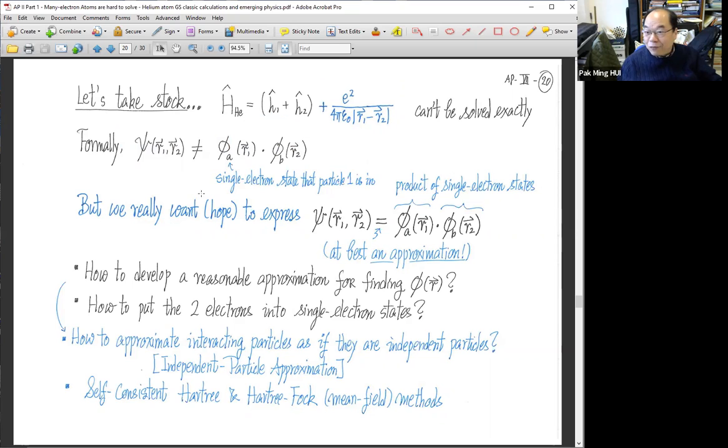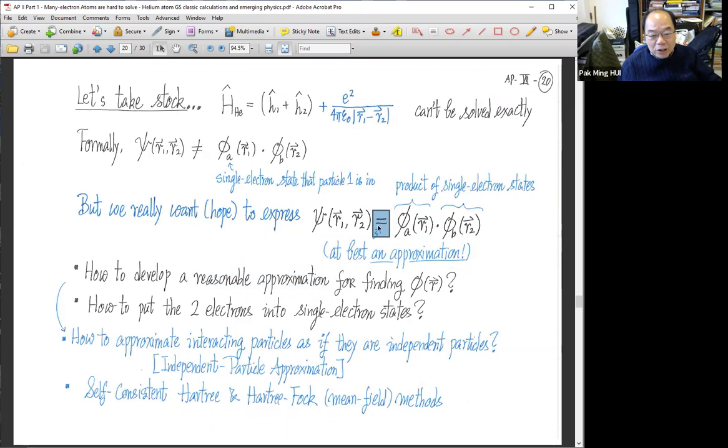But as a physicist, when we see that something cannot be done, we will do it anyway. So we will try to approximate it this way. But when we do this, you must understand this is at best an approximation. Then the remaining question is, how can I make a reasonable approximation so that this is not too bad?